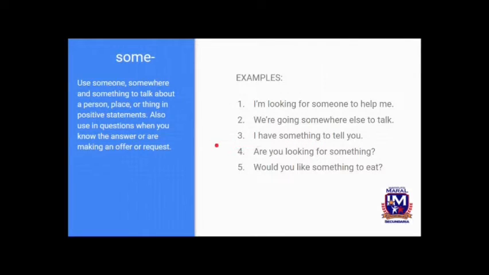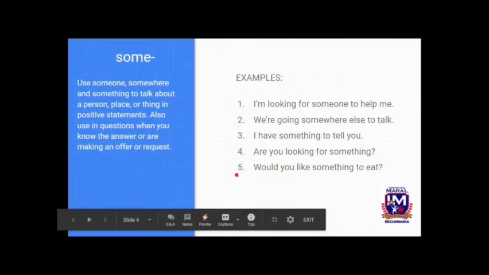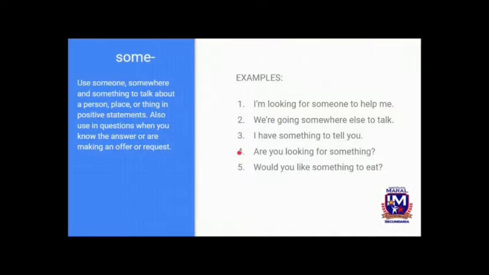Now, if you pay attention to number four and number five, you're going to see that we have questions. And as mentioned before, it is possible for us to use something in a question as long as I know what the answer is, or if I'm making an offer or a request. Number four says, are you looking for something? Imagine you are getting into a store, and the salesperson asks you this question.